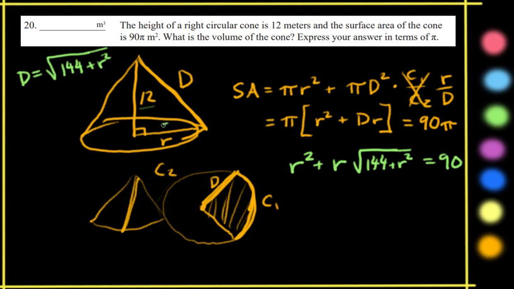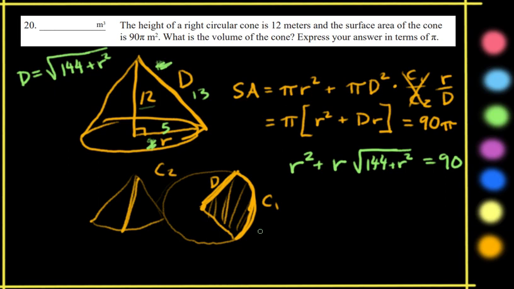So for example, this could be 5 and this could be 13. That's one right triangle that has these sides. Or this 12 could be scaled up from a 3, 4, 5. So if this was 4 times 3, you'd have 3 times 3, which would be 9 here, and then 5 times 3 would be 15 here. So that's one other option.